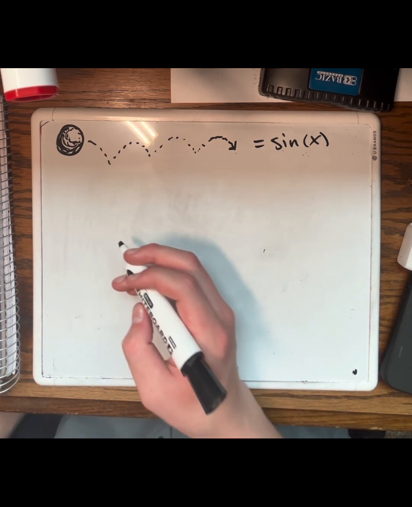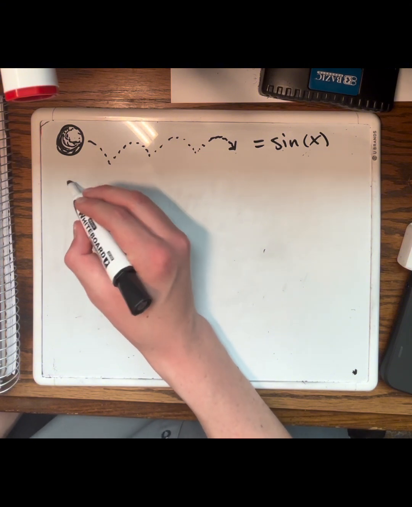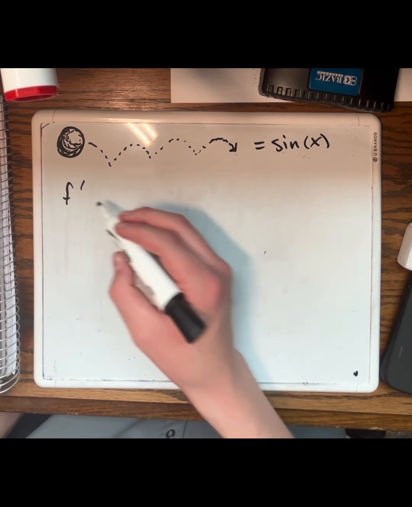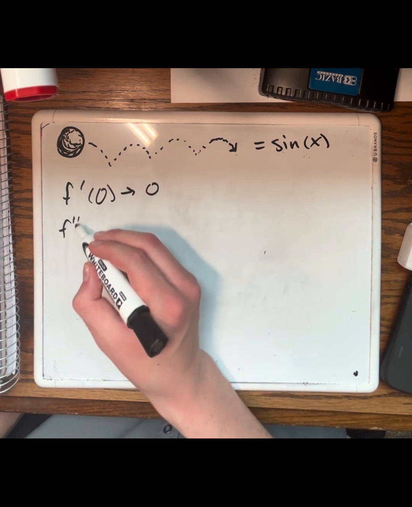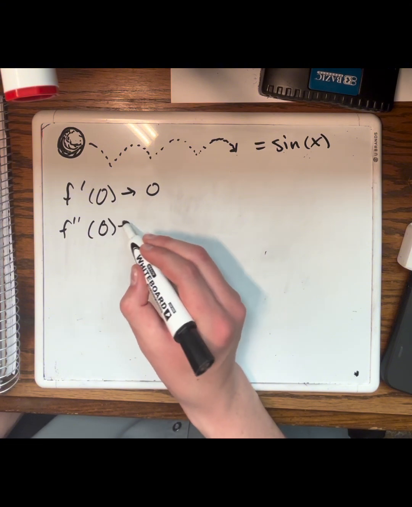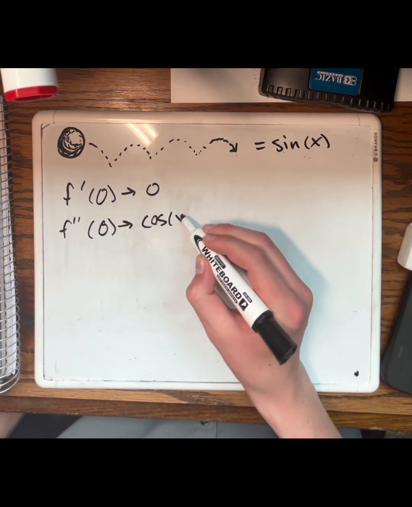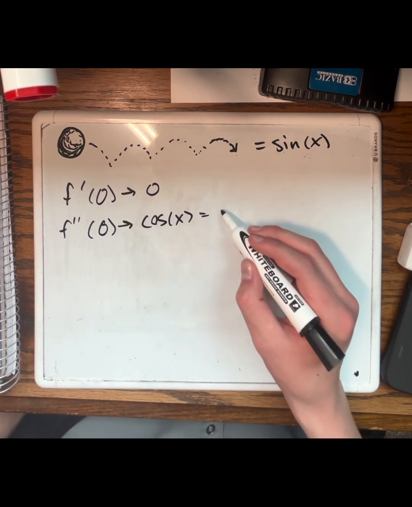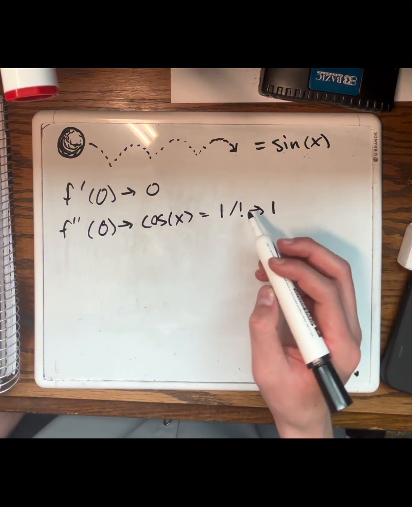So I'm going to go through this, maybe not all of it. You get f prime of 0, and sine of 0 is 0. f double prime of 0, so we go to, what's the derivative of sine? Cosine x. Plug in 0, you're going to get 1 divided by 1 factorial, 1. So this is the first coefficient.